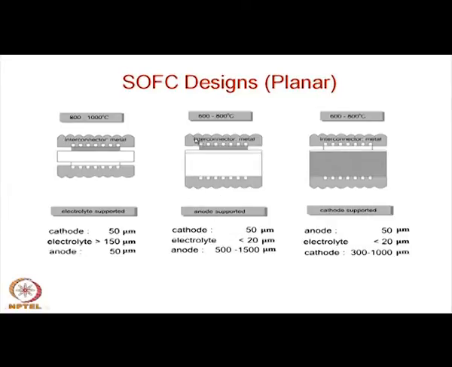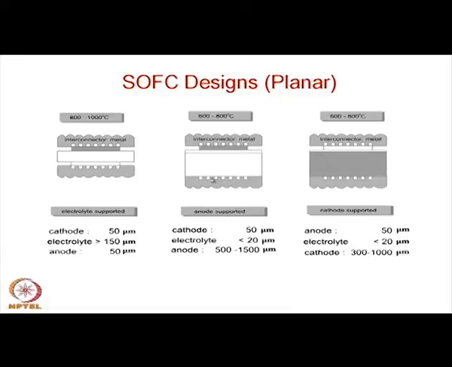Now, interconnect here is in a different form. There is one interconnect here, and there is another interconnect there. So, there are two interconnects, and in the interconnect you have some channels. These white spots are actually groups, and once in contact with the plane surface of the anode, they form the channels.